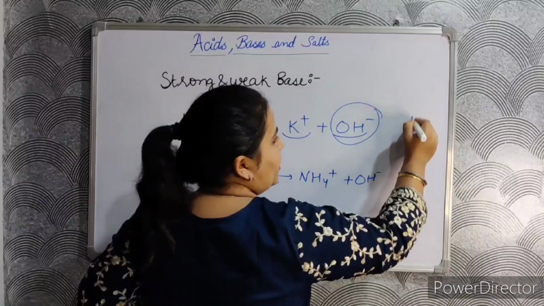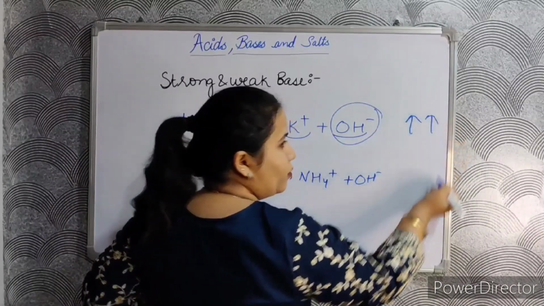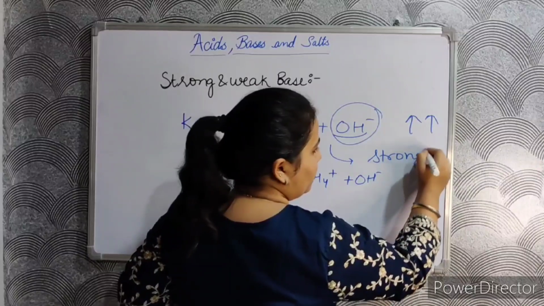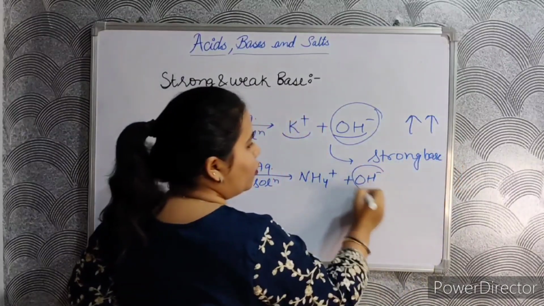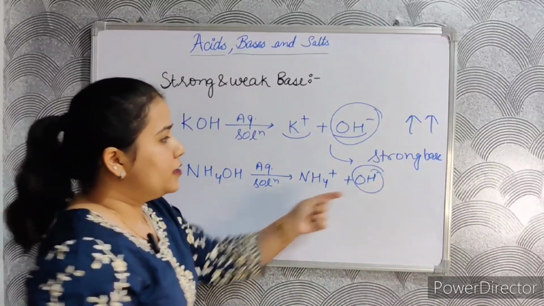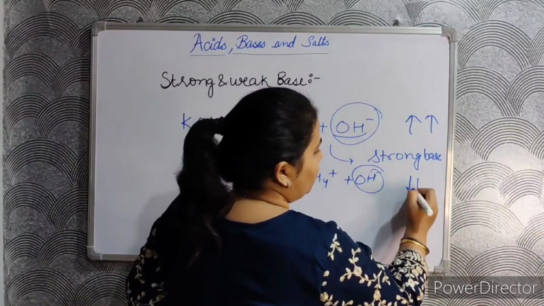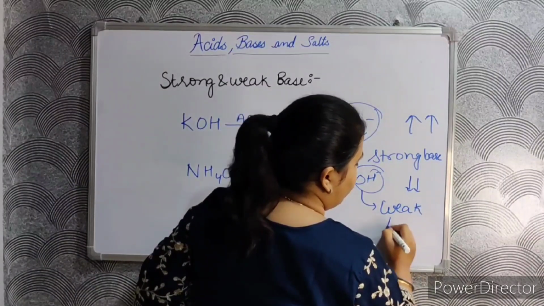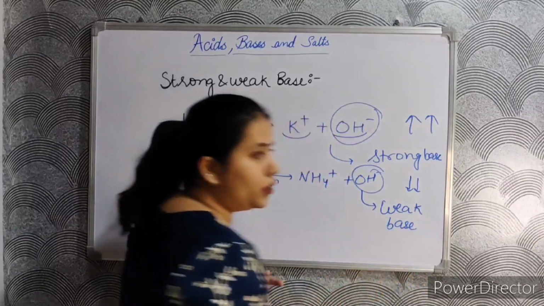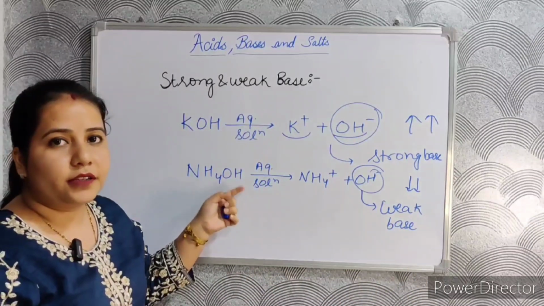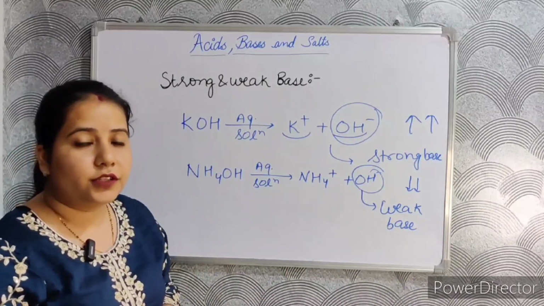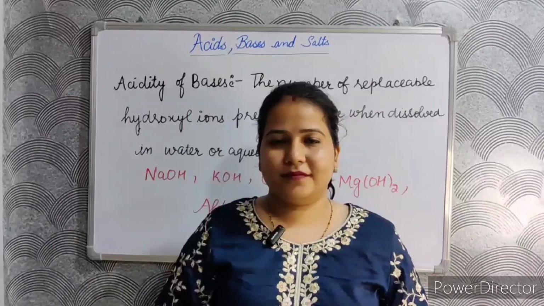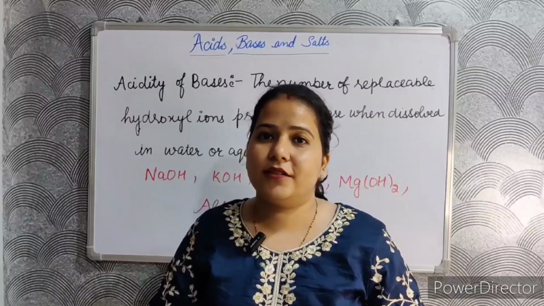Here OH minus ions are less, so it is categorized as a weak base. These strong and weak bases are decided on the basis of degree of dissociation, which we will discuss in class 11.